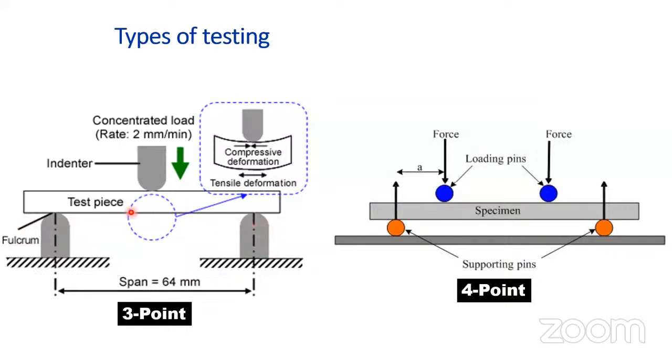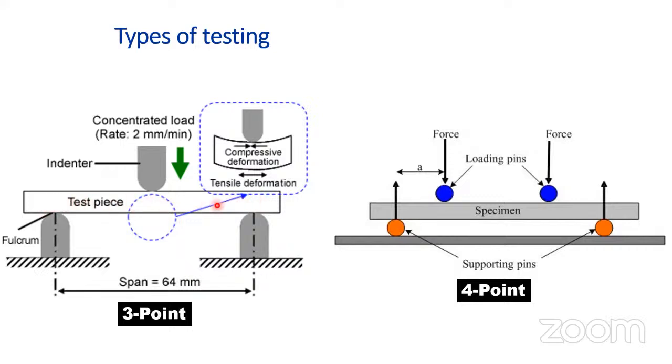These two are the stationary points, or you can say non-movable points. On these non-movable points, your test piece or test specimen is kept. This is your polymeric specimen, or you can say strip.